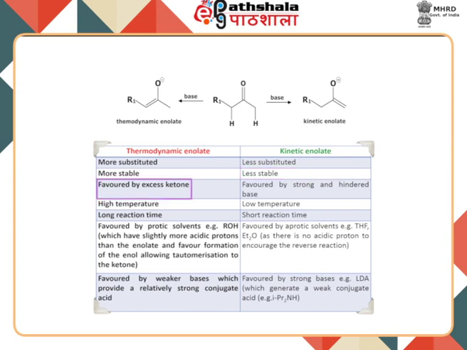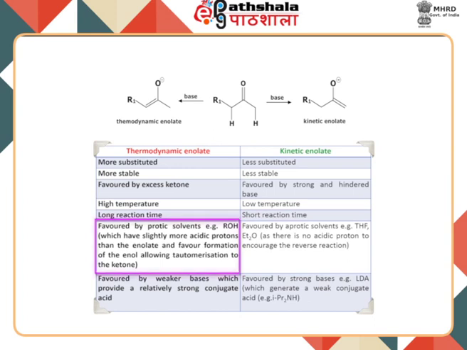Thermodynamic enolates are favored by excess ketone. Kinetic enolates are favored by strong and hindered base. Thermodynamic enolate is formed at high temperature, whereas a kinetic enolate is formed at low temperature. Thermodynamic enolate formation takes a long reaction time, and for a kinetic enolate, reaction times are short.